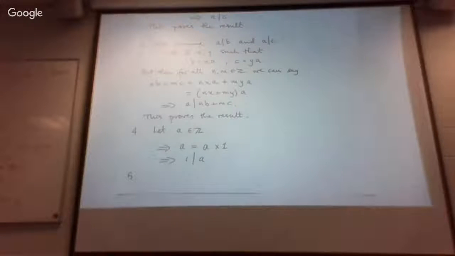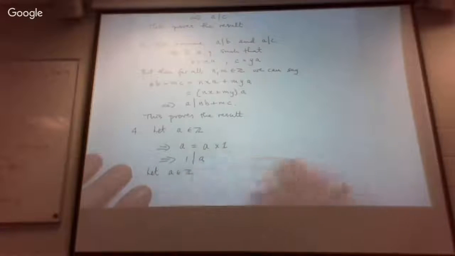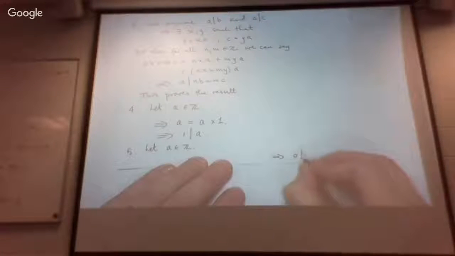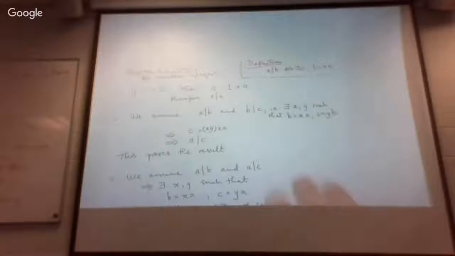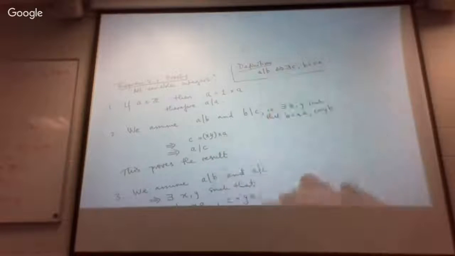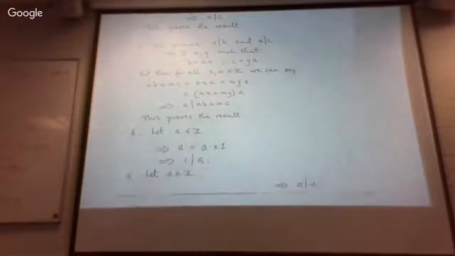Everything divides 0. So again, we're letting A be an integer. We want to draw the conclusion that 0 divides A. How can you make that conclusion? Well, according to the definition, you can only make that conclusion if you can write... Sorry.